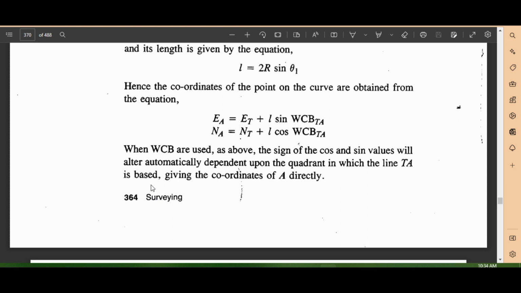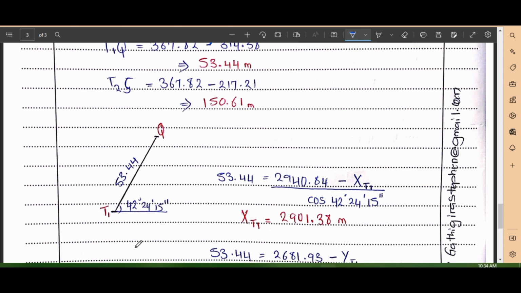So here in our second book, the WCB are used as above. So the cos and the sine values will alter automatically depending upon the quadrant. The sine and the cos will be dependent on the quadrant in which the value will apply. So here we go ahead.